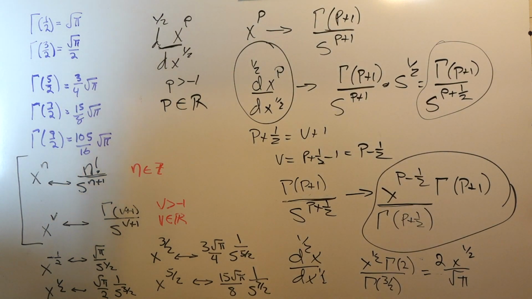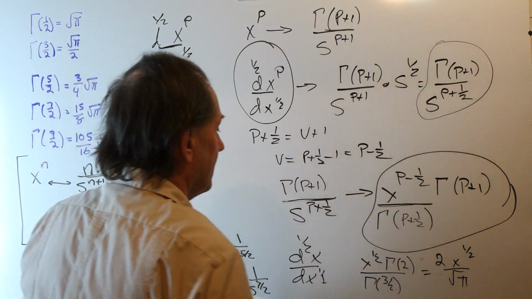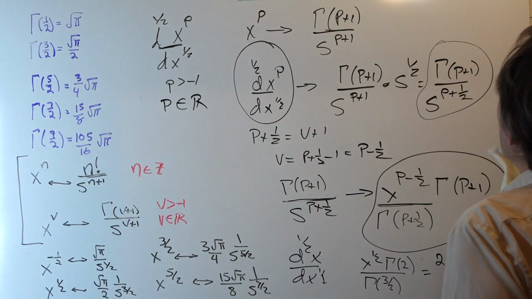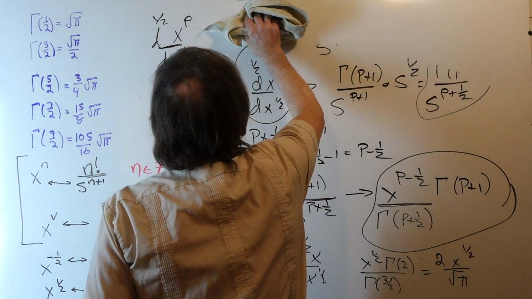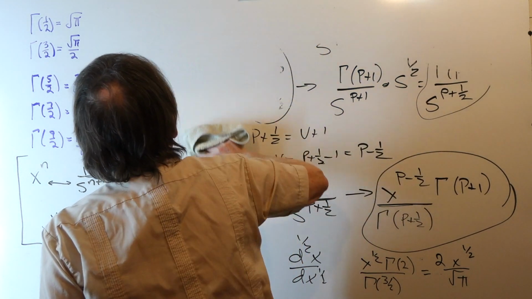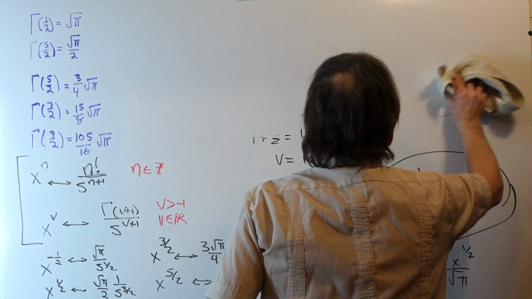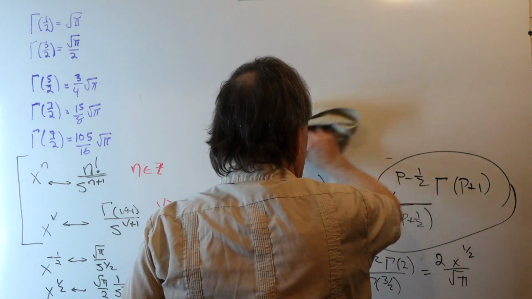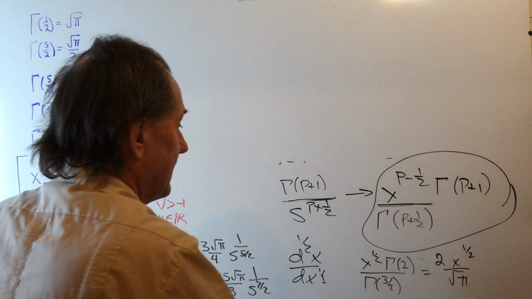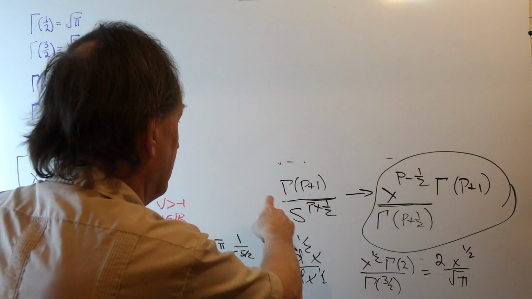Now, what happens if p is an integer? We can reduce this further. If the power p on x is an integer, then we can reduce this further.